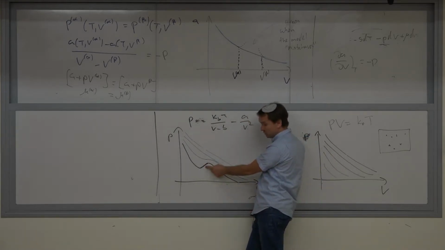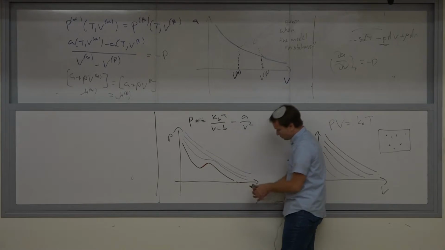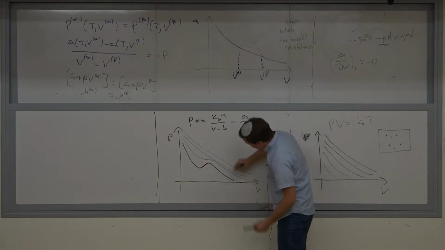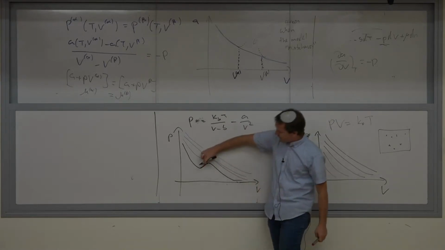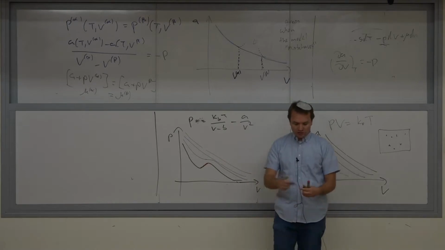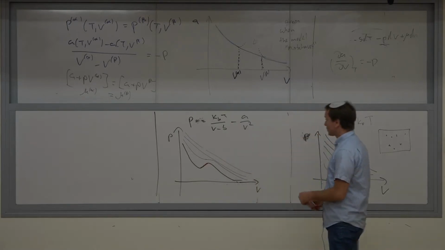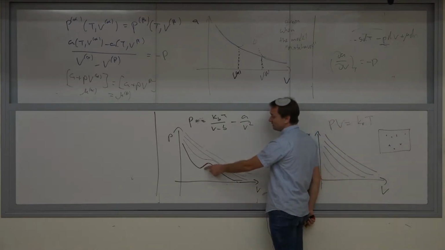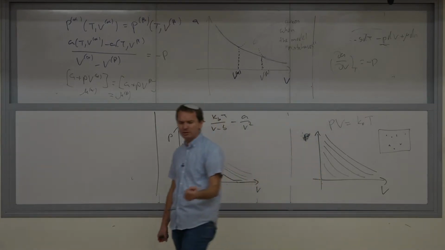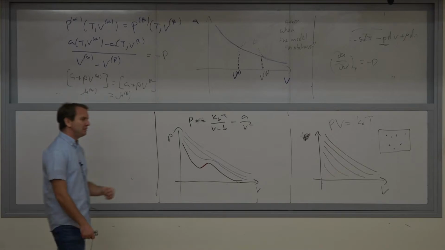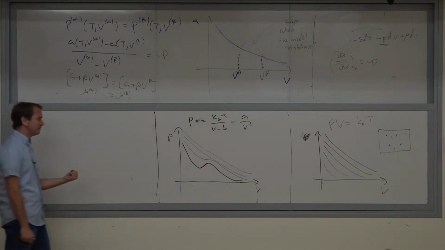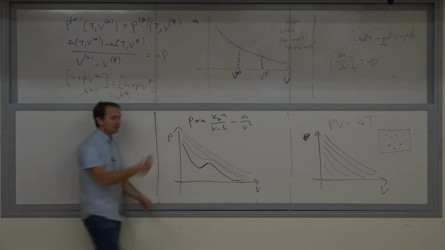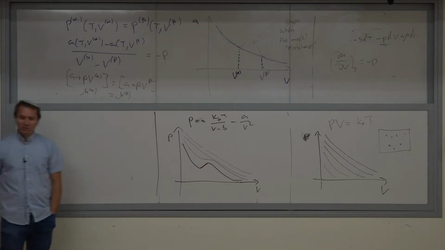Exactly at this region, doesn't go to 0, of course, right? But at this area, the system is not stable. Because we have here dP dV greater than 0, and we know that in order for the equilibrium to be stable, dP dV should be negative. Very bad.